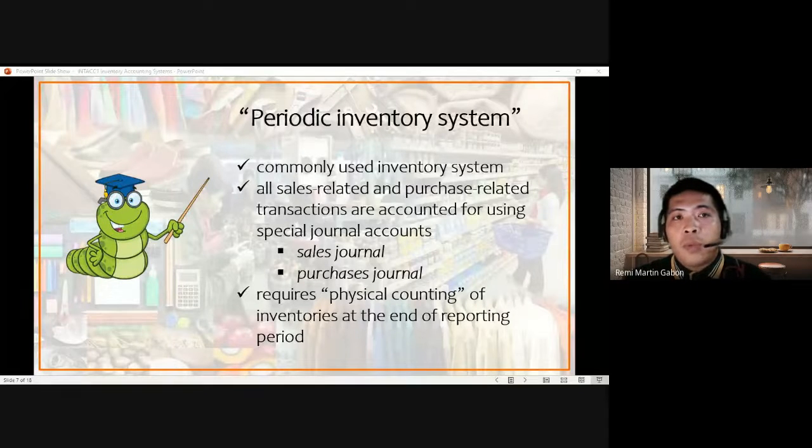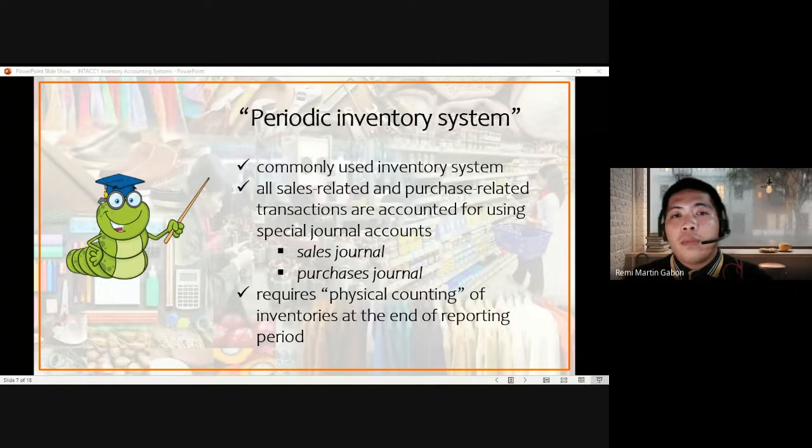And with regards to periodic, aside from being the commonly used inventory system, we can say that an entity is using periodic inventory system if all sales related and purchase related transactions are accounted for using special journals. Meron tayong makikita na mga special journals. Example, we have the sales journal and the purchases journal. You could also have the purchase returns and discounts. Meron din yan.